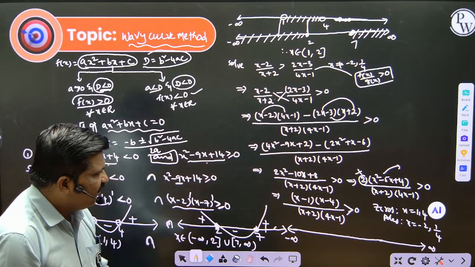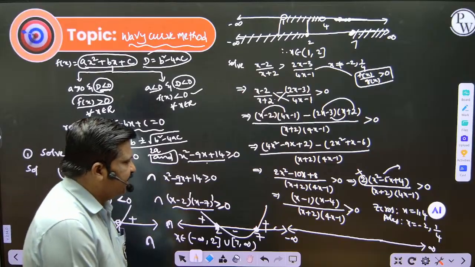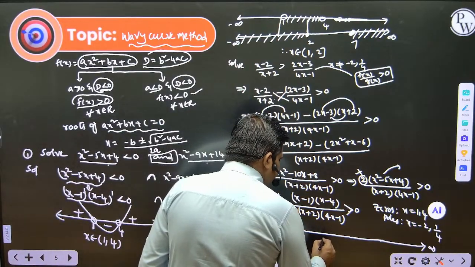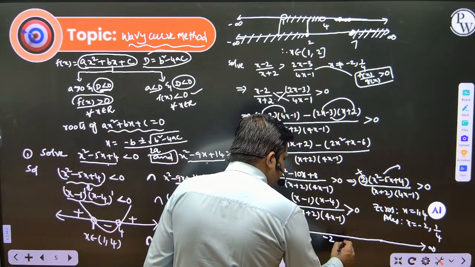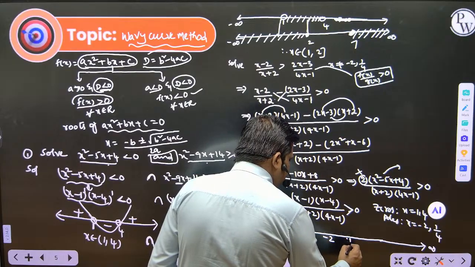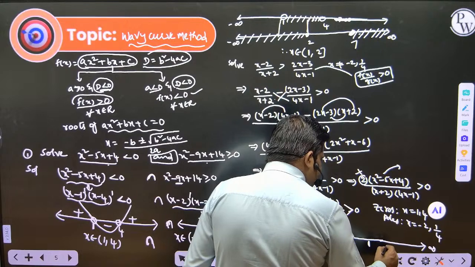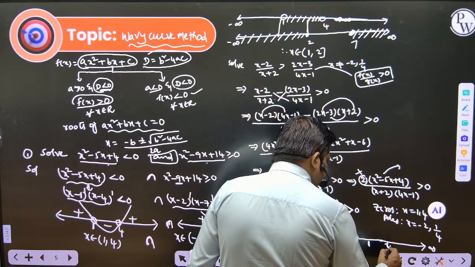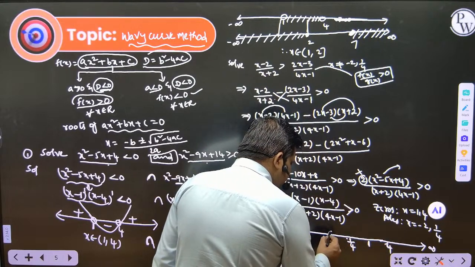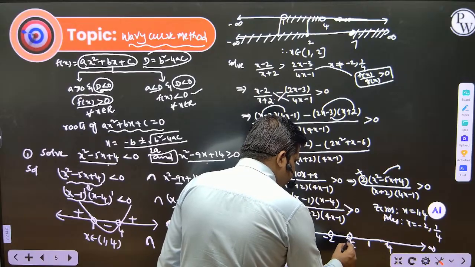So write the factors in which order? Increasing order. First minus 2, next 1 by 4, next 1, next 4. But first you write poles as open circles.